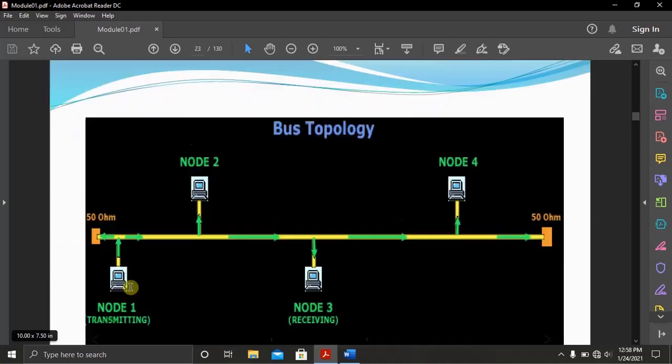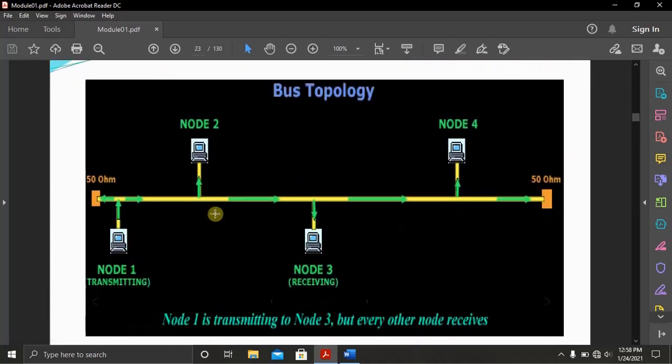So this is the diagram. If node B, or node 2, transmits data to node 3, or node C, then node A and node D will be able to see the data which has been propagated. You can take a node as a single computer.